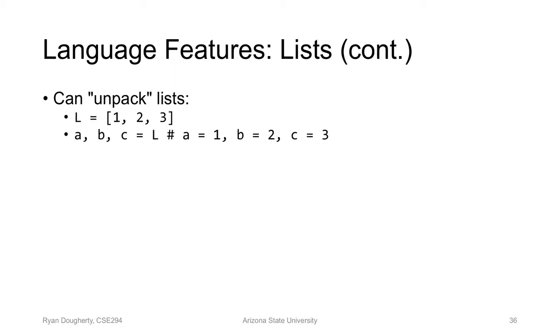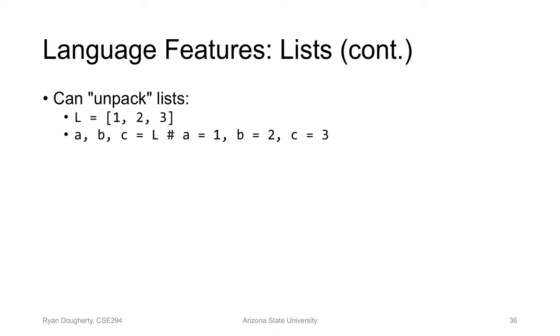So here what I'm doing is saying L is 1, 2, 3, so it has 3 elements. I'm assigning to 3 separate variables at the exact same time. So I'm saying A, B, C is equal to L, which means that I'm unpacking the list. So the first element of L goes to A, second one goes to B, third goes to C.